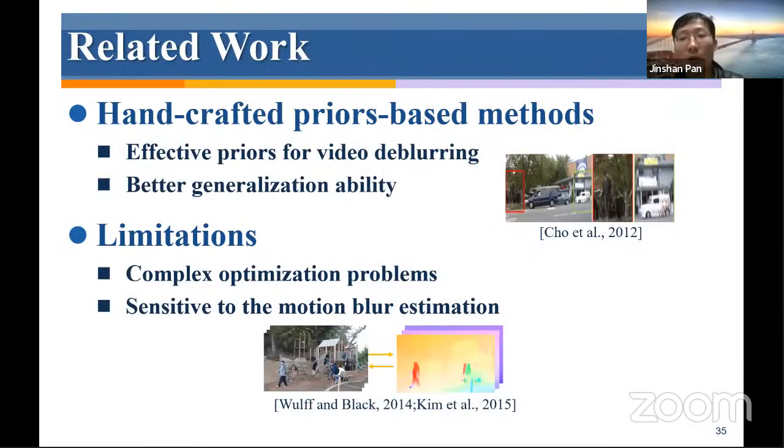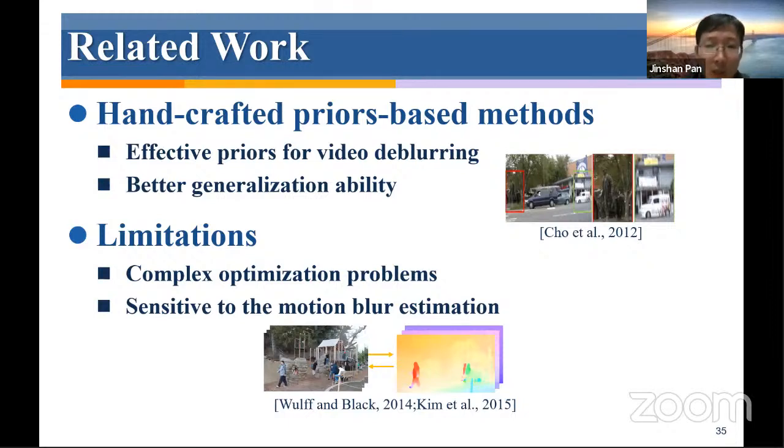So to solve this problem, conventional methods usually explore kinds of image priors to restore clear videos. As mentioned before, these methods also have a better generalization ability, but the image priors usually lead to complex optimization problems, which are difficult to solve.